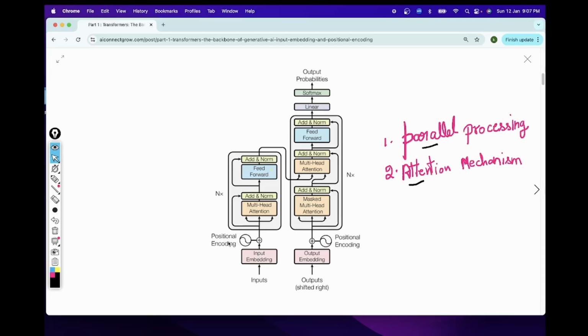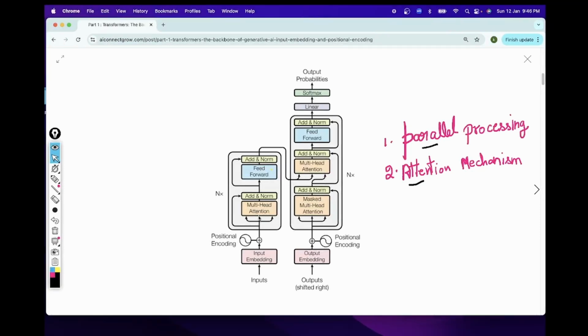Positional encoding makes use of sine and cosine waves in order to understand the order of input sequences. Since the transformers process the data in parallel as we discussed earlier, it doesn't know the order of words. So in order to add the order of words to the input sequence, we concatenate the input dimensional vectors with the positional encoding vectors. And it is fed to the encoder block.